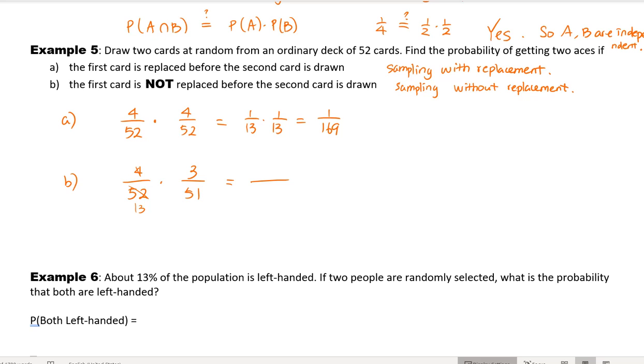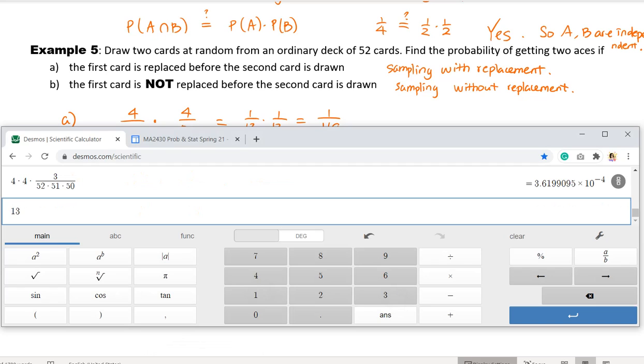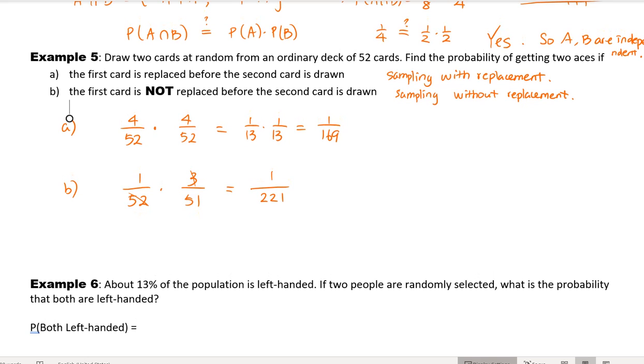So we get 3 and 51. We can cancel. This is 17. So 13 times 17 is 221. So 1 over 221. This is the probability. Let me erase these so it does not look confusing to you.